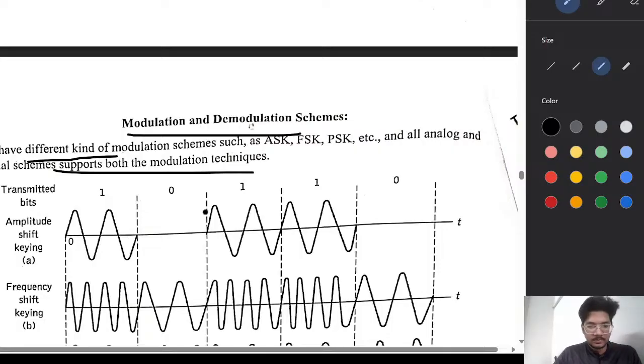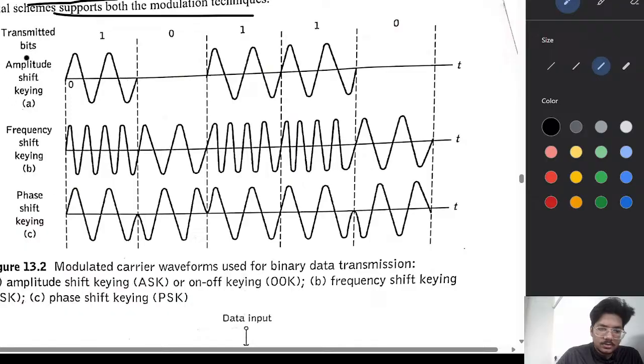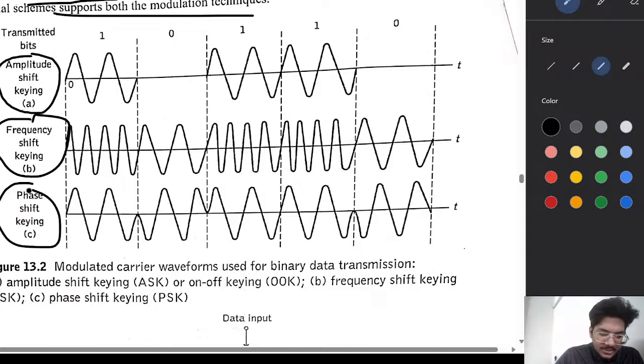ASK is amplitude shift keying, FSK is frequency shift keying, and PSK is phase shift keying. In amplitude shift keying, the amplitude of the carrier is changed, and it is mostly used for digital signals. In frequency shift keying, the frequency of the carrier is changed depending on the data, and it is used for both analog and digital: one for the higher frequency, zero for the lower frequency. In phase shift keying, one is used for zero phase and zero is used for 180 degree phase.